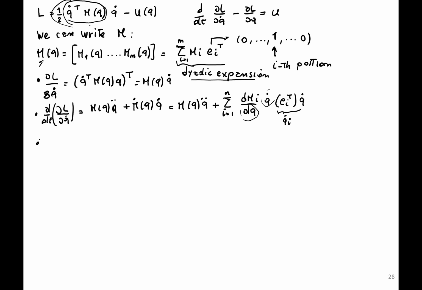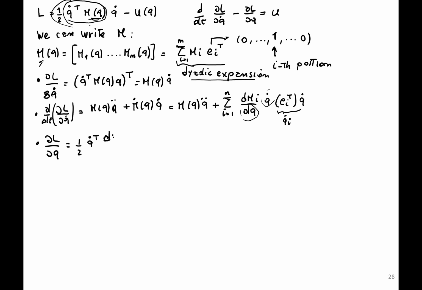Okay, then we need to compute the partial derivative with respect to q. This time the dependency on q is only on the inertial matrix, so we keep q dot as is.